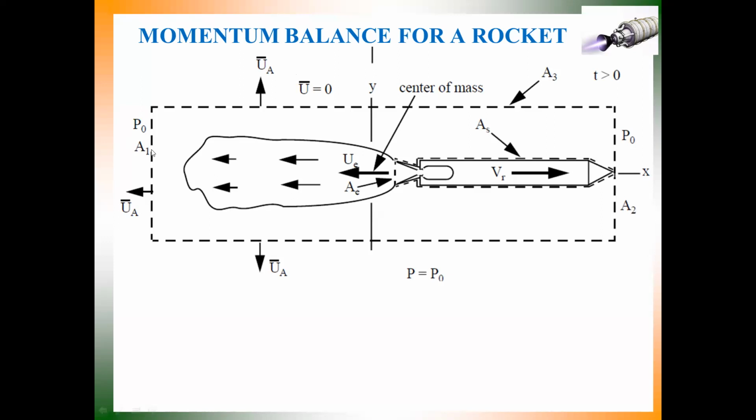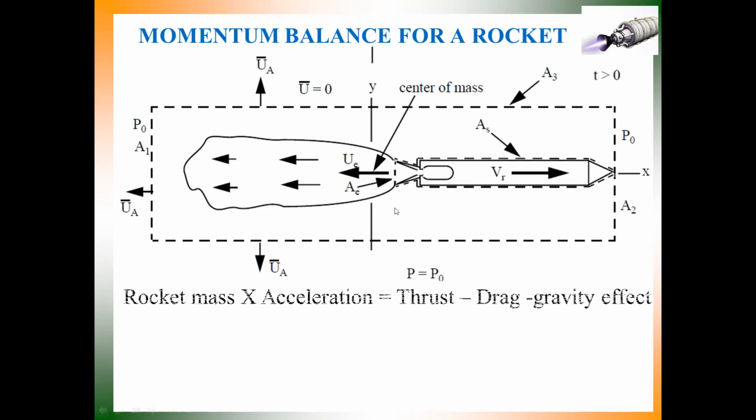Pressure P1, u at exit, area at exit. There are also propellants here. Velocity of the rocket is there. The surface area of the rocket, and another area, area 2, is there. Atmospheric condition P naught is there at time t greater than 0. So this is a kind of system definition.